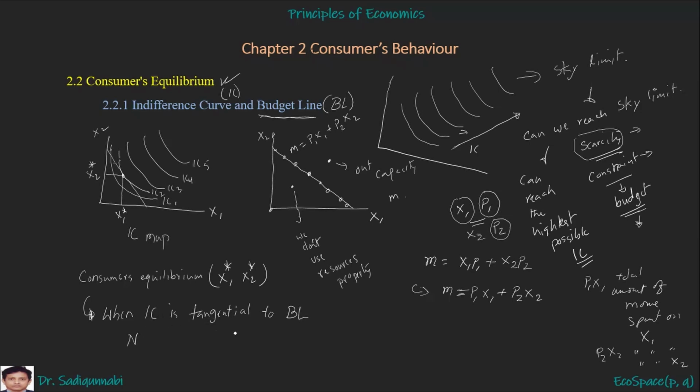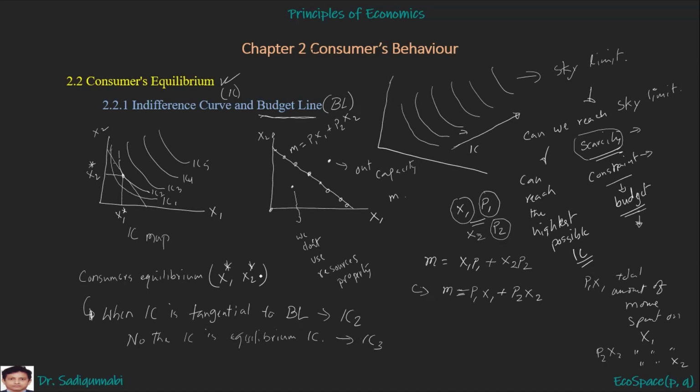Here the IC is IC2. No other IC is the equilibrium IC. Why? Because of IC3, suppose IC3.